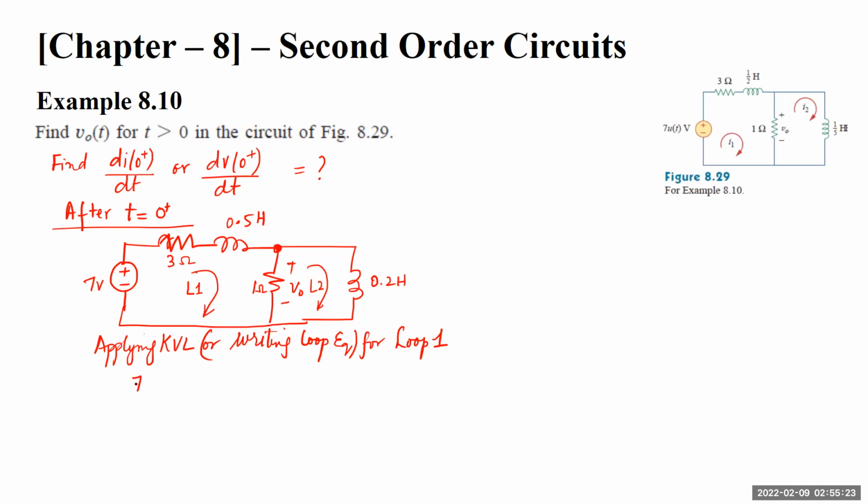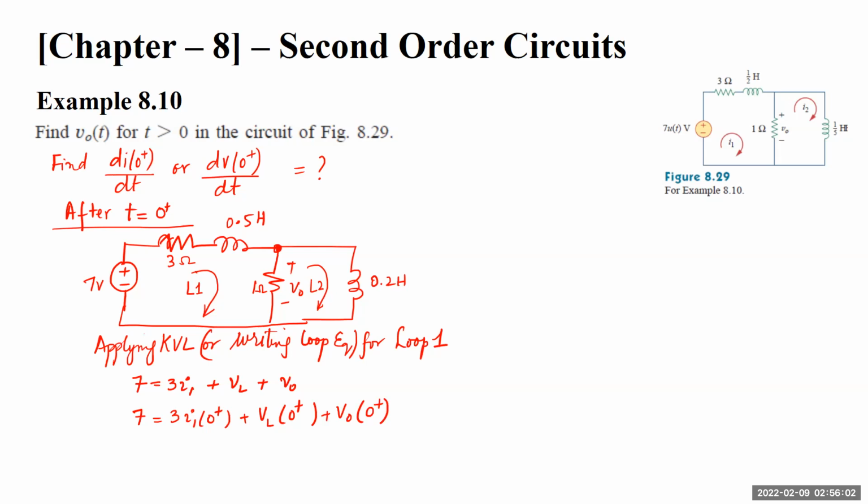For loop 1 we get 7 equals 3 times I1, we call it I1, plus VL plus this voltage V naught. So at t equals 0 positive, we can write 7 equals 3 times I1 at 0 positive plus VL at 0 positive plus V naught at 0 positive, right? We can easily write this.